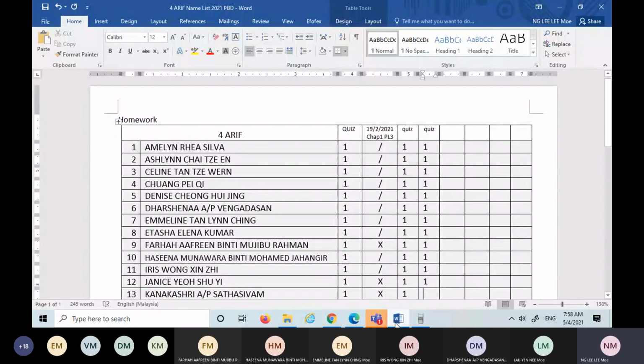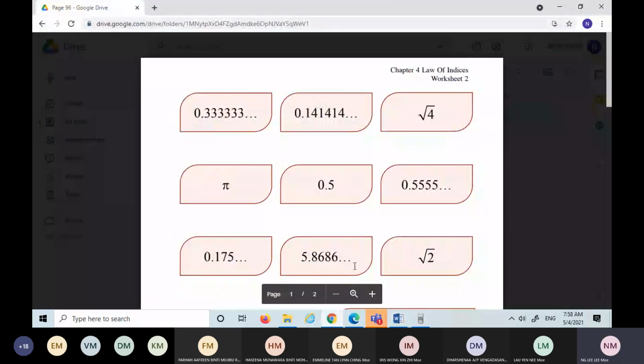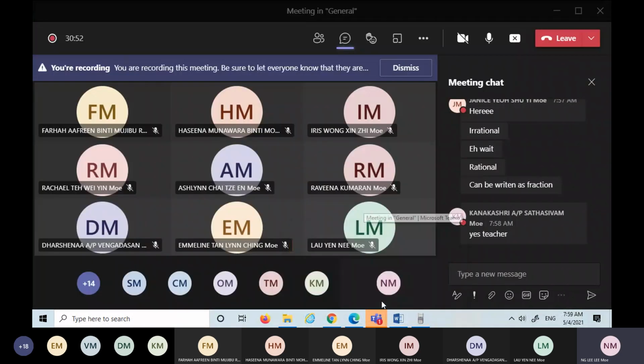Kanaka 3. Okay, 5.8686. This one I want it to repeat. 86, 86, 86. Continue. Kanaka 3 here. Okay, can you tell me? 5.86, 86, 86, 86, 86, continue.